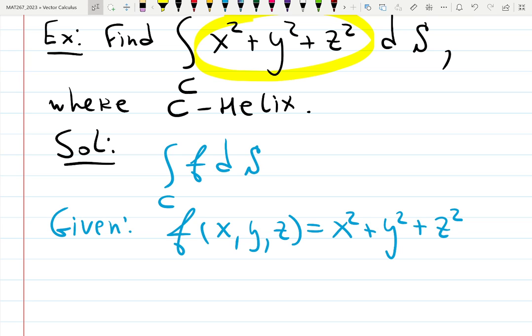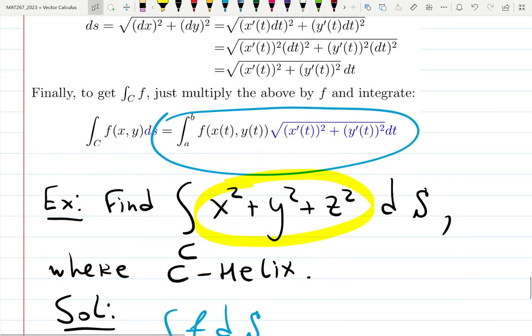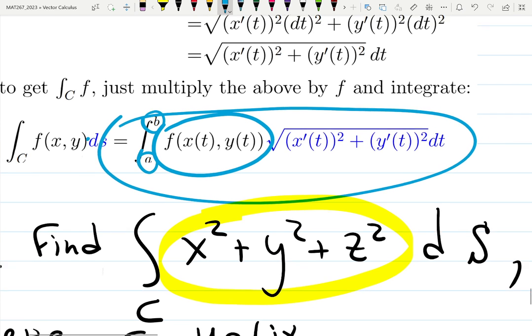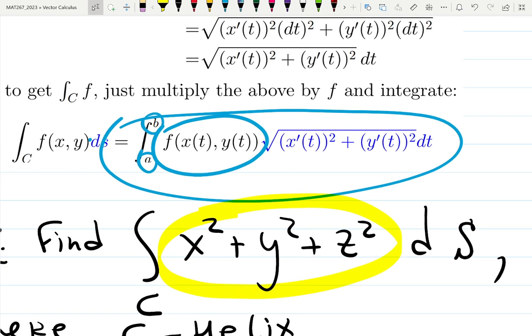Now, the formula tells me, let's go back to the formula, that I need to rewrite this in terms of t. And I need to figure out a and b. Okay, that's also weird. So let's do that. Maybe knowing the parameterization of the helix will help me.